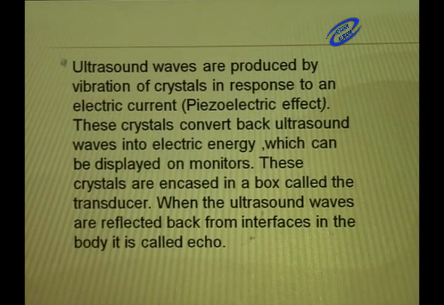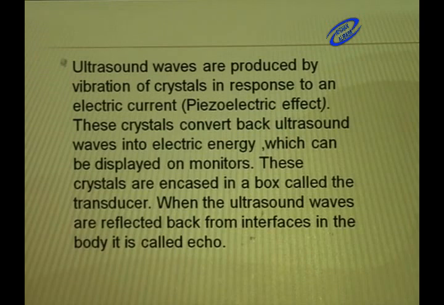So one of the basic elements of an ultrasound machine is an ultrasound transducer, which is also known as a probe. This ultrasound probe or transducer has specialized crystals which have the properties of piezoelectricity, by which one form of energy can be converted into another form of energy.